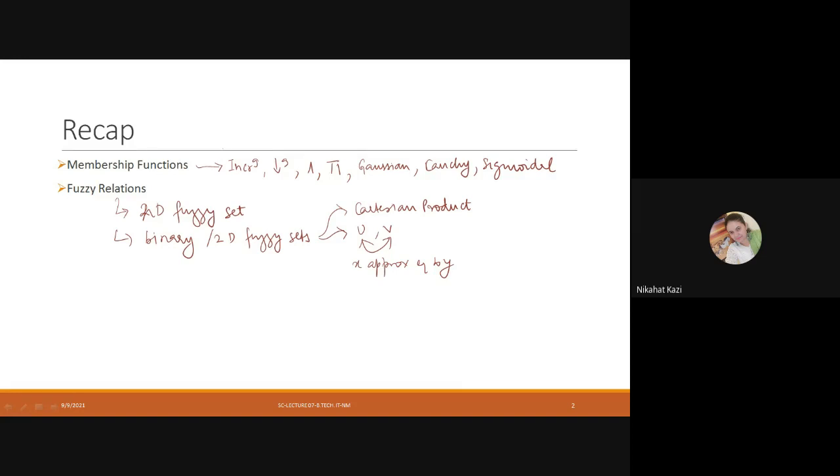The usual way of writing it is using a table. Here all the u values, here all the v values, and here you will have the membership values.